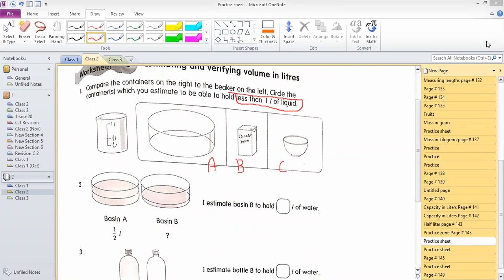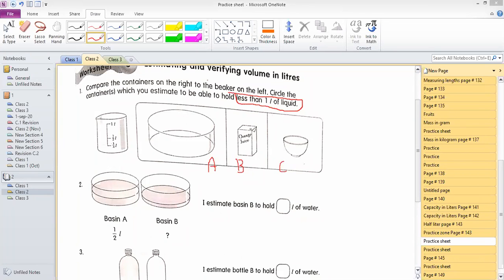Saud is asking a question. The question is, guys, which container can hold less than 1 liter of liquid? You have to tell whether it is A, B, or C. In which container can you put less than 1 liter of water?